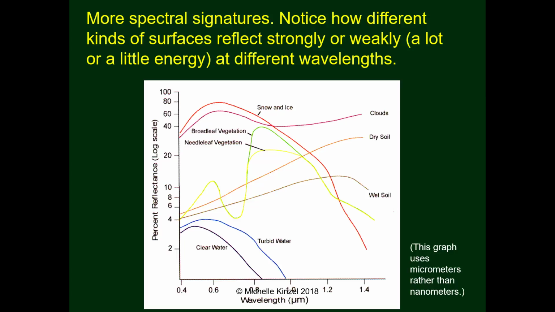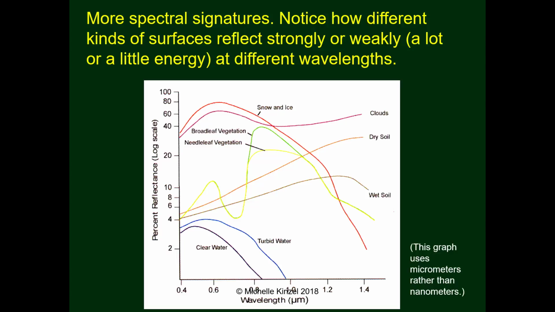Then we have wet soil in the middle, and then in the very bottom we have clear water and turbid water. And just notice that this graph uses micrometers rather than nanometers, and so it's important to check your units when you're looking, and it's also a log scale on the y-axis of percent reflectance.